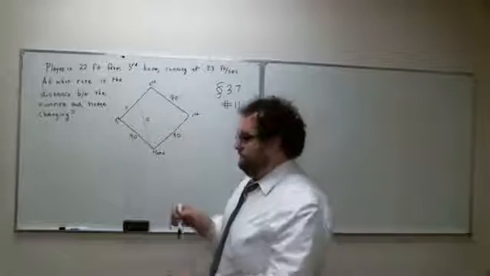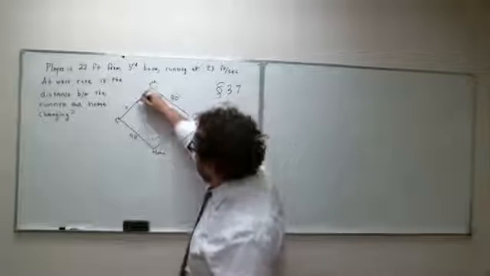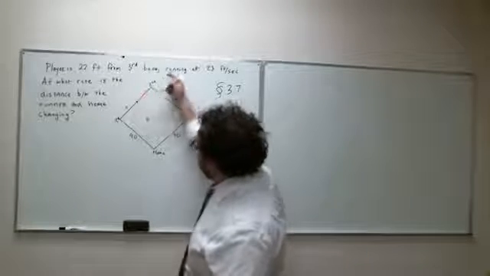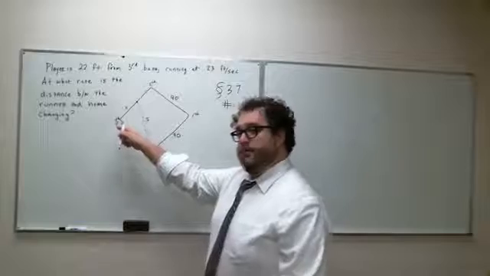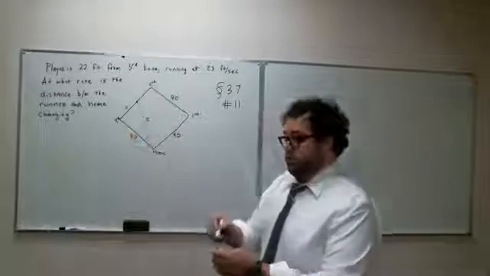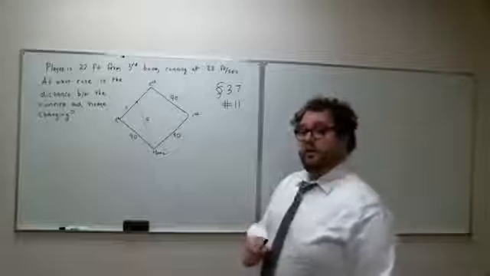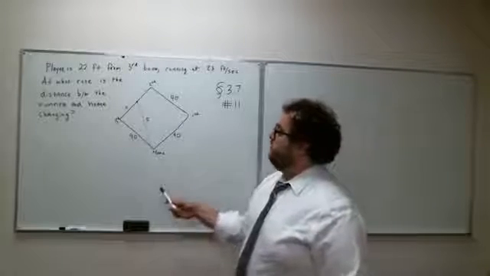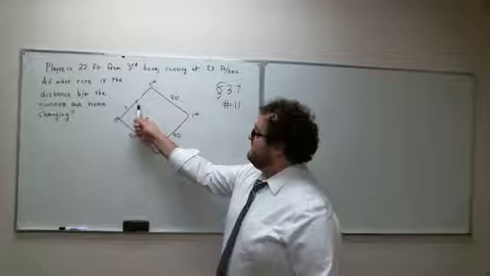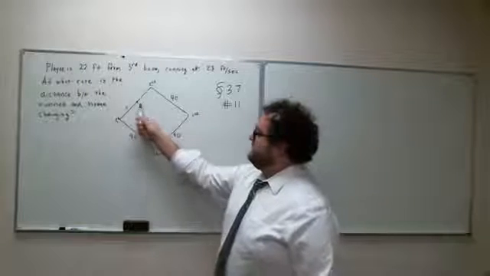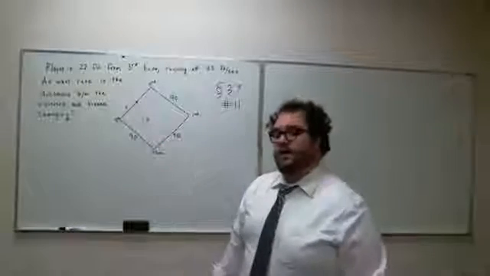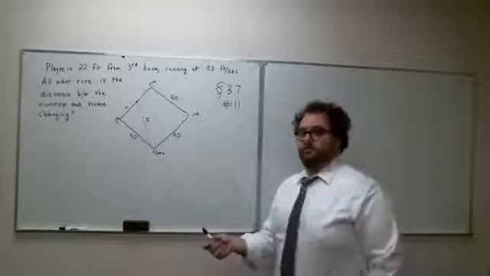We have a runner between second base and third base, running toward third base at a rate of 23 feet per second. And the question is, at what rate is this distance S, the distance between the player and home plate, changing?